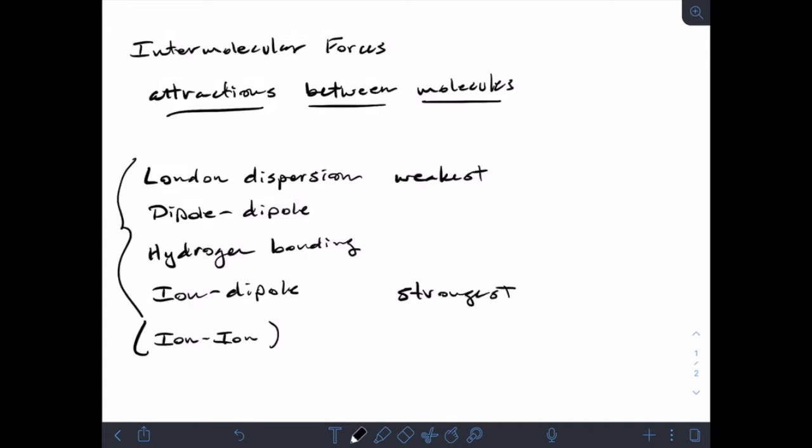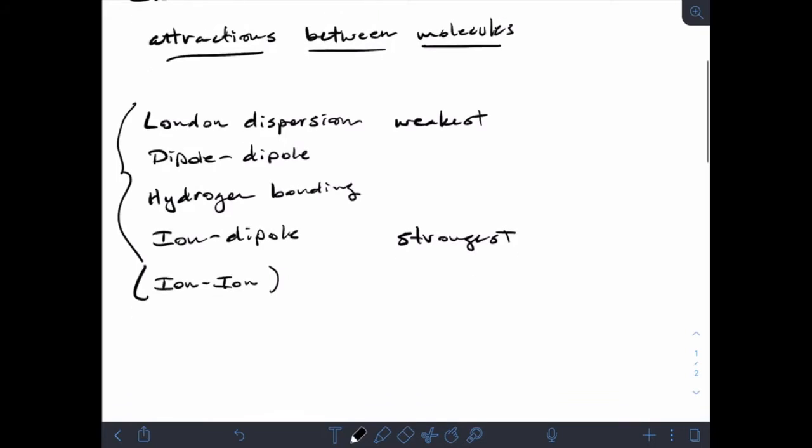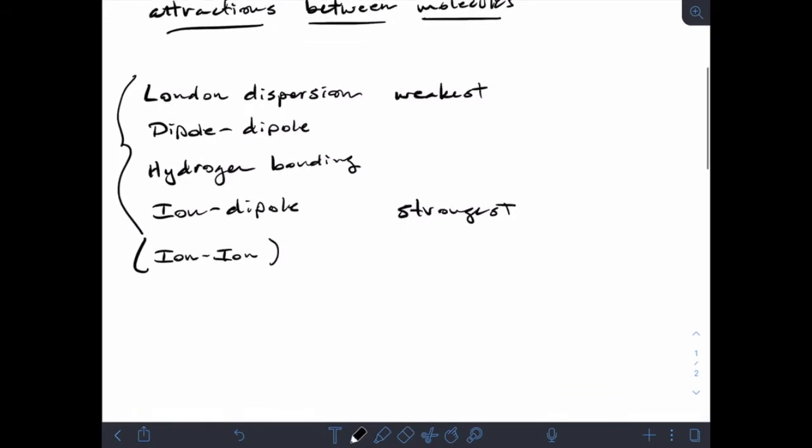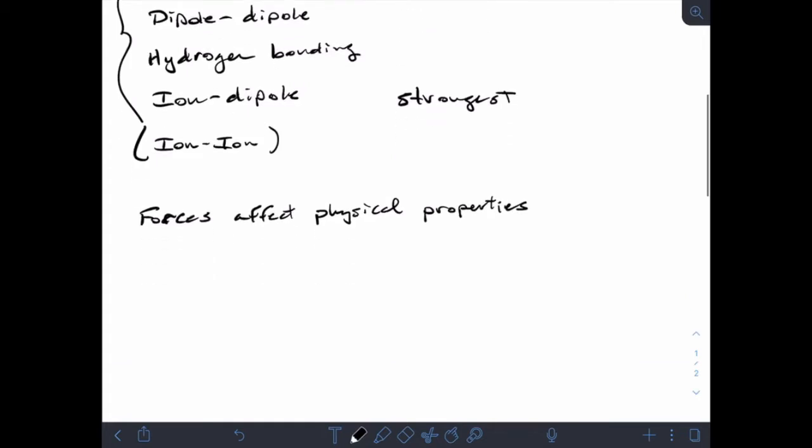Okay? Now, why do we care about these attractions between molecules? Well, intermolecular forces affect a lot of physical properties. Okay. Among those are things like surface tension, viscosity.